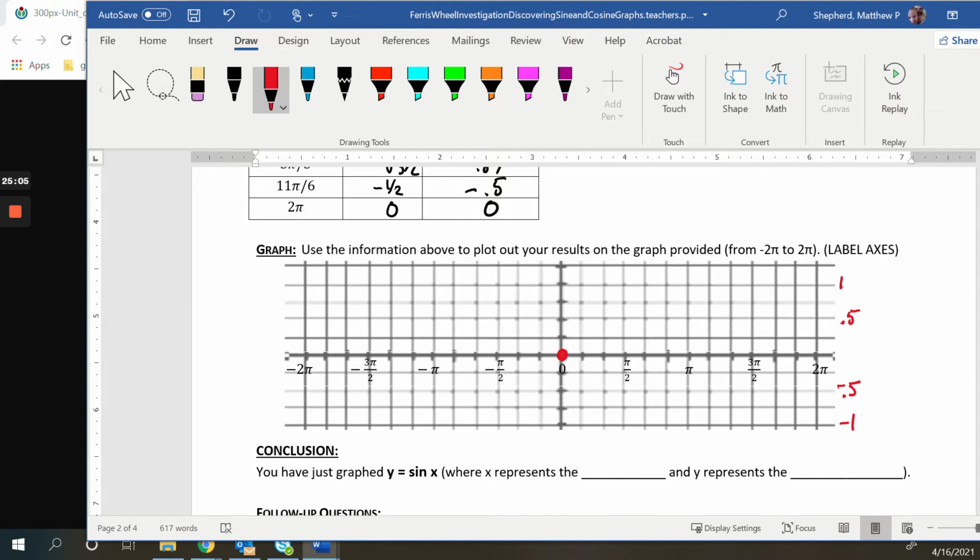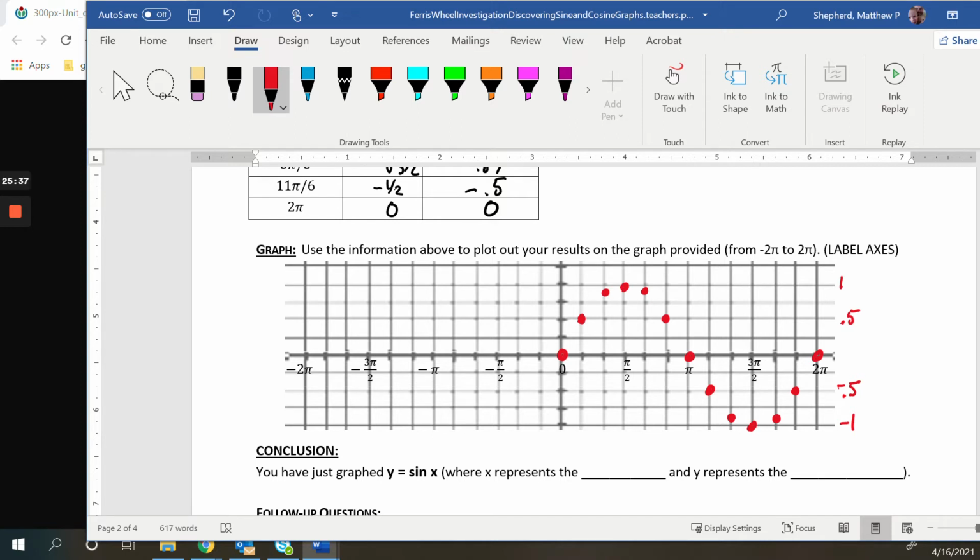All right, so it first goes up to a half, then approximately to a 0.9, then at pi halves we're at 1, 0.9, a half. By pi we're back down to 0 because we've gone halfway through, then a negative 0.5, almost a negative 1, actual negative 1, and then we start coming back up that circle.